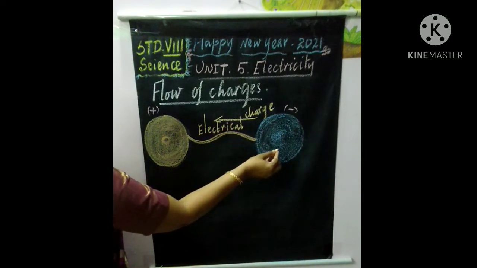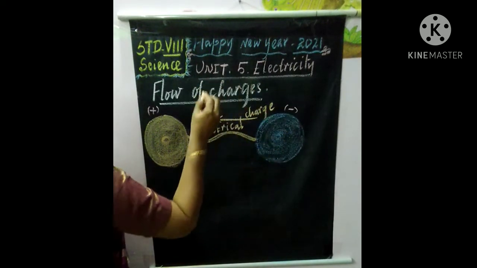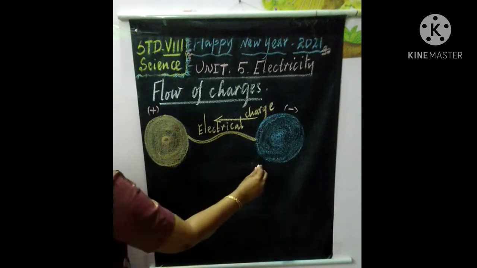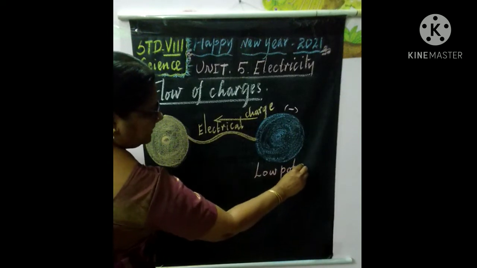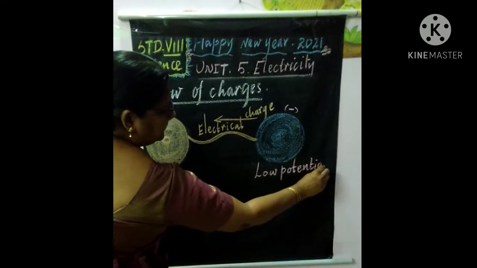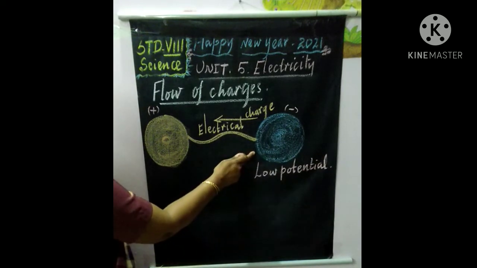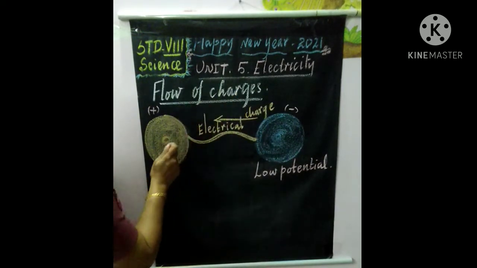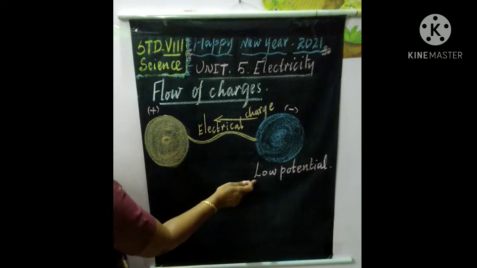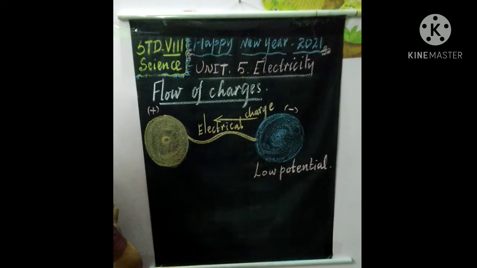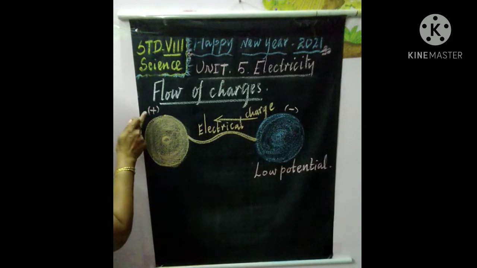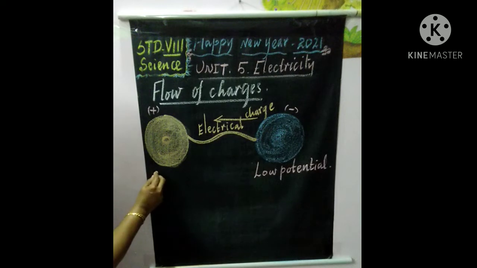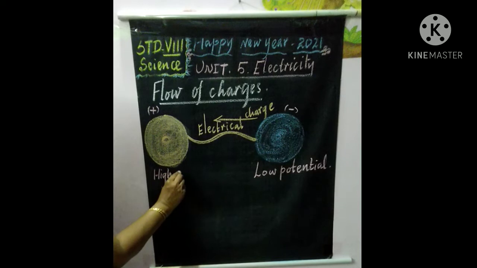The sphere which has more electrons is said to be at low potential. The sphere with more electrons has low potential value, and this sphere which is positively charged is said to be at high potential.